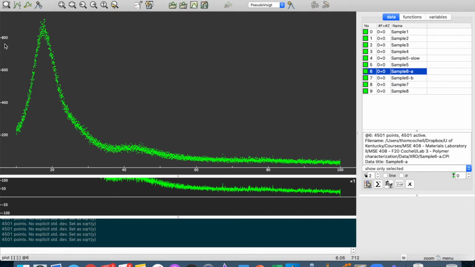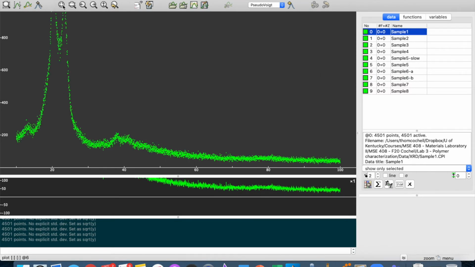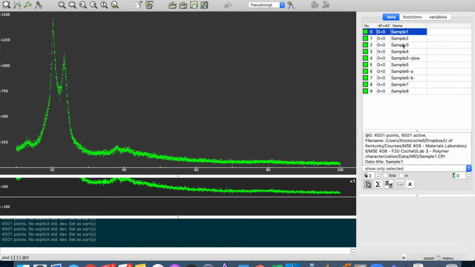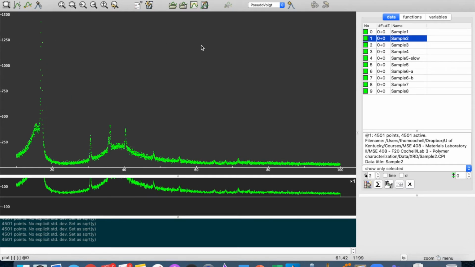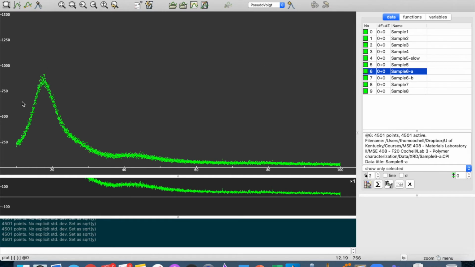You'll notice that the overall counts are very low. If you compare it to one of the other samples, you can see how much higher the total counts are. When you see something like this, it tells you some information, even if it doesn't have a lot here.